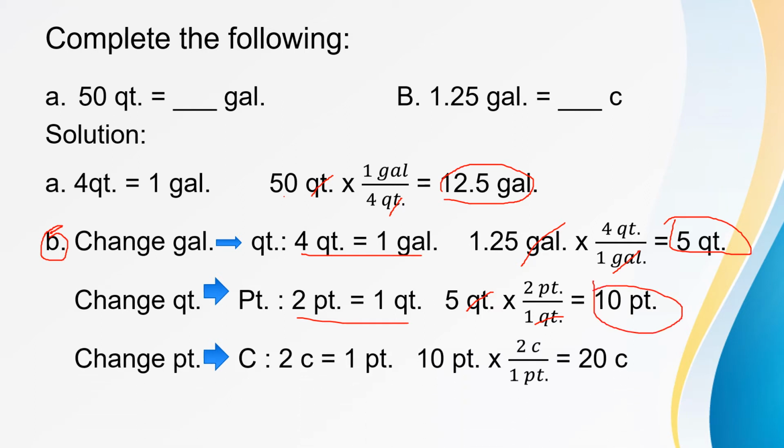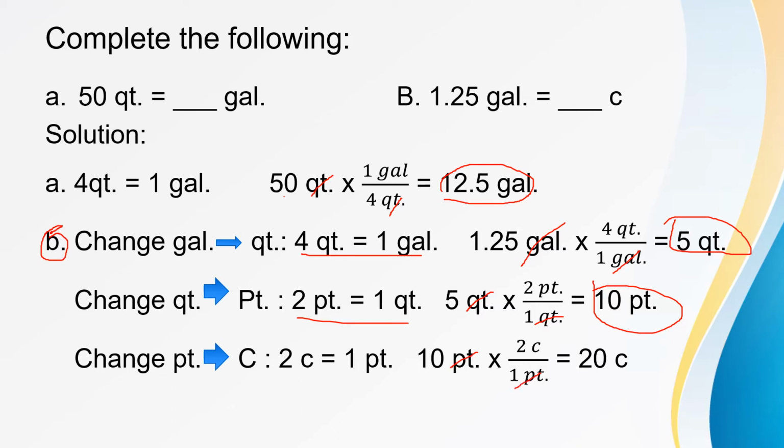Next, change pints to cups. 2 cups equals 1 pint. So 10 pints times 2 cups over 1 pint. Cancel the units again.